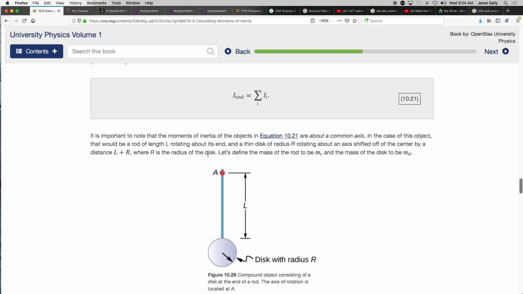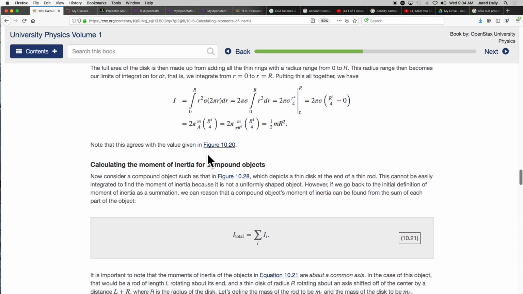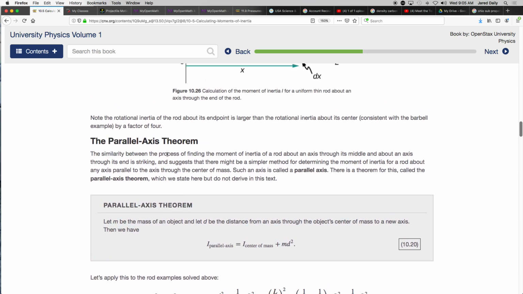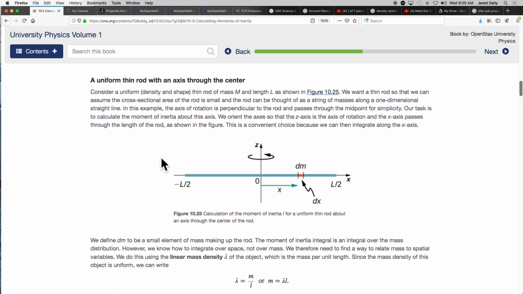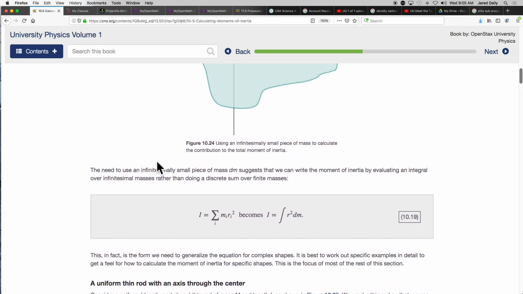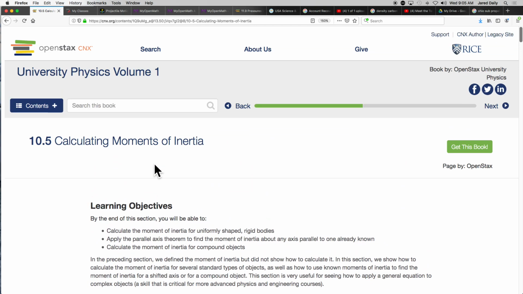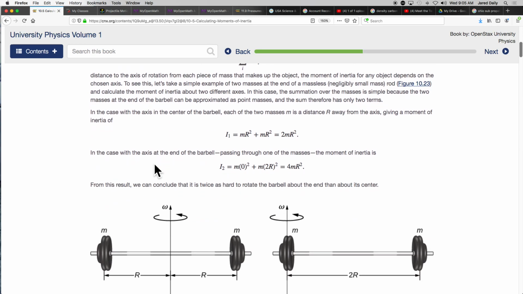So last time we ended on this idea of the parallel axis theorem, calculating the moment of inertia of objects. Just to review a little bit, the moment of inertia of a single point particle at some distance r from your zero point, your center of rotation, is just the mass times that radius squared.